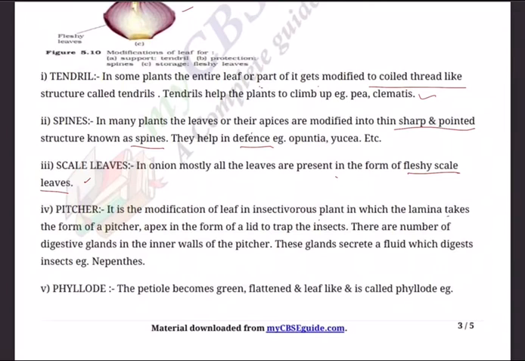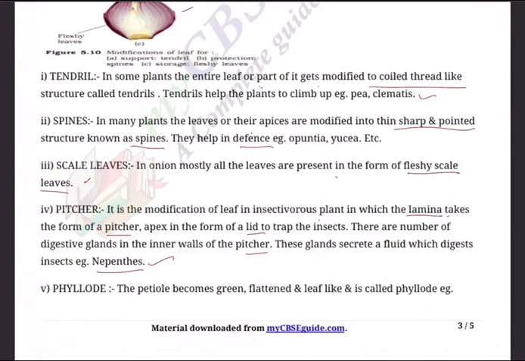It is the modification of leaf in insectivorous plants in which the lamina takes the form of a pitcher, a bag-like structure. Apex in the form of a lid to trap the insects. There are a number of digestive glands in the inner walls of the pitcher. These glands secrete a fluid which digests insects.